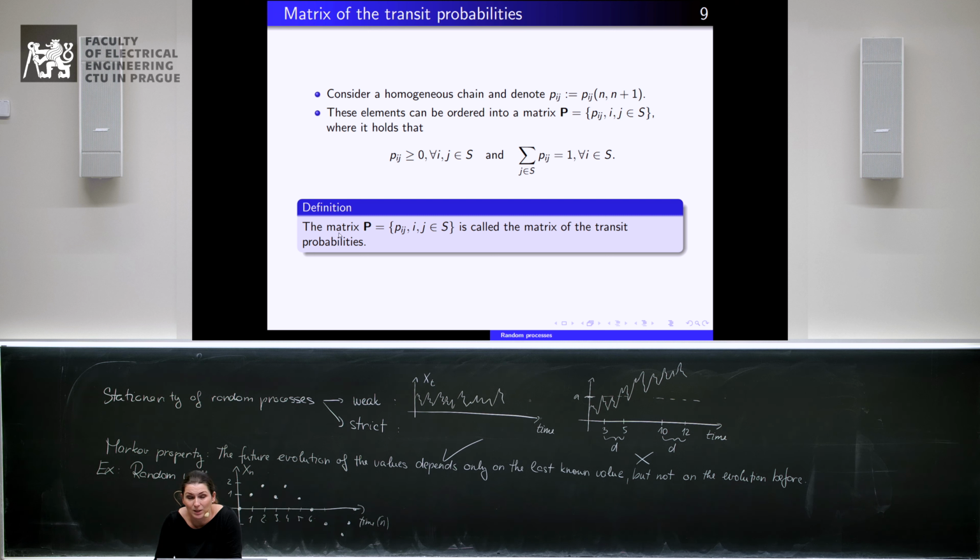What I want to tell you, the last definition is the definition of the matrix of the transit probabilities, because that's something that you should construct in your second homework.